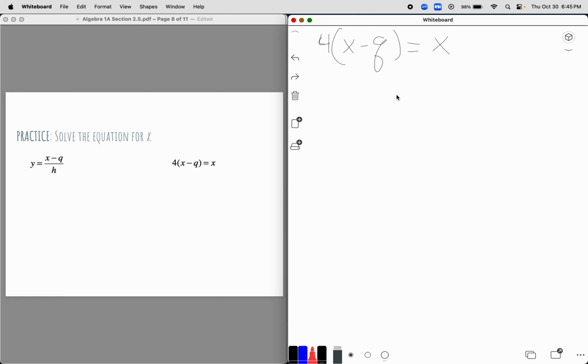We could distribute, and that could be a thing, but I think it would be easier in this case just to divide both sides by 4. Okay, if we divide both sides by 4, that 4 on the top and bottom goes away, and the numerator, which is a parentheses, x minus q, drops, and the parentheses goes away. Okay, and then we have x over 4 over here.